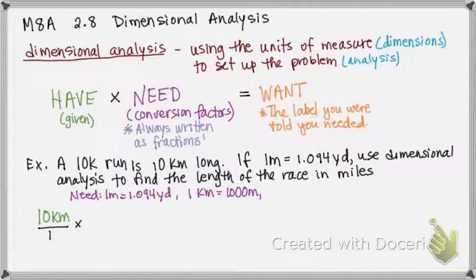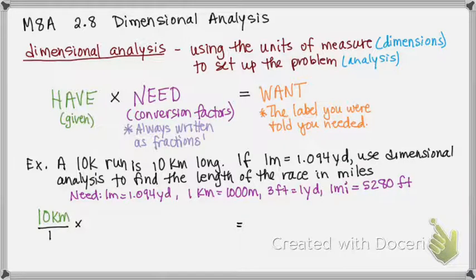Now I'm told I need miles, but they gave me yards. So I know that there are 3 feet equals 1 yard, because I know that 1 mile, oops, forgot the MI, is equal to 5,280 feet. Okay, so now what I need to do is figure out how to set up this problem.